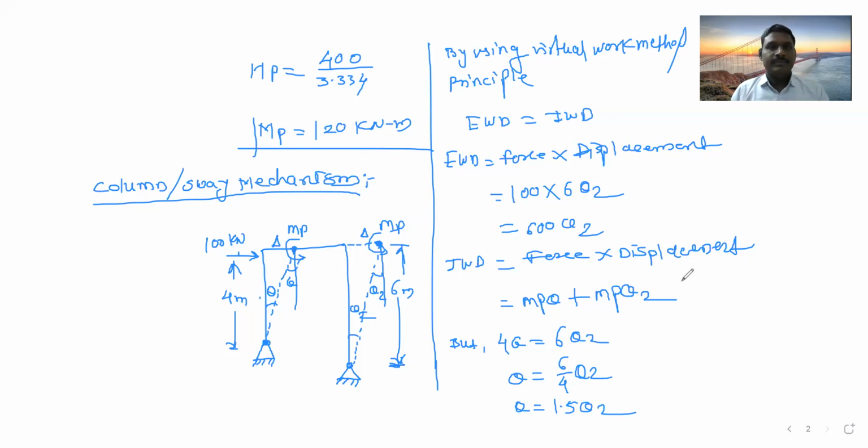Okay, write down. Shall we go next? Okay. So now external work done is equal to internal work done. External work done is 600 theta 2, which is equal to MP theta plus MP theta 2.